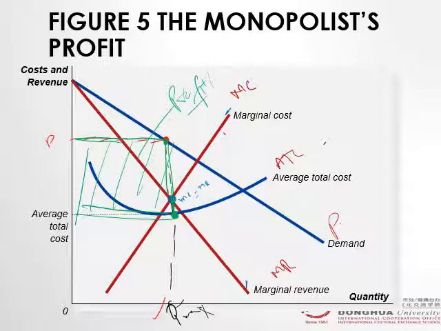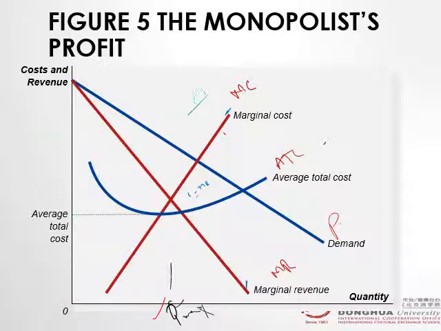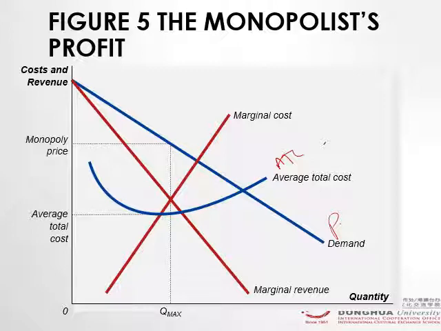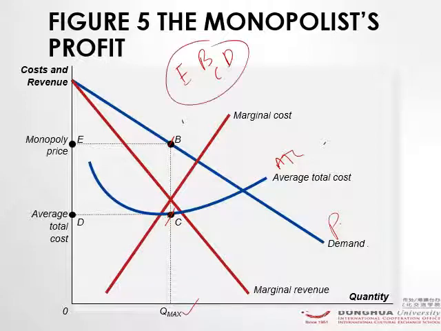Let me just clean it so that you can see a very nice, neat and clean, computer-edited diagram. Okay, here. MC equal to MR tells us about the max quantity, selling that max quantity, price is here, cost is here.